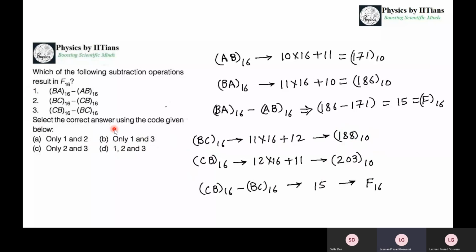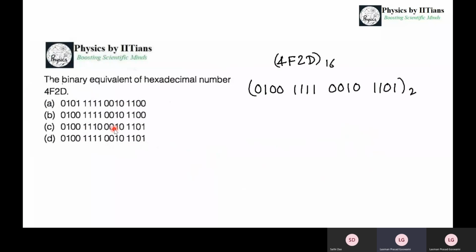Next question. We have been asked the binary equivalent of the hexadecimal number 4F2D. As we know, to convert a number from the hexadecimal number system to binary, we will just replace each digit by its 4-digit binary equivalent.